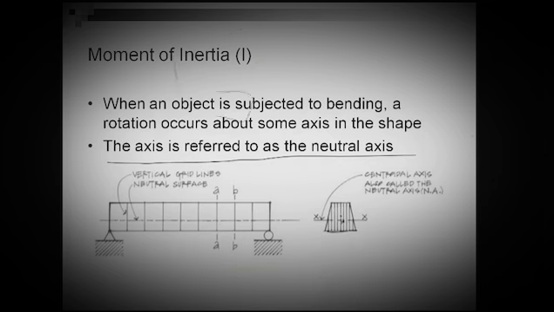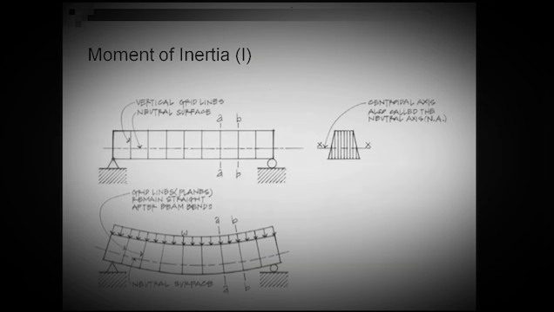Now if I take that object and apply some load on it, and this object would want to flex, you will note the vertical lines before the object was loaded formed a 90-degree angle with the neutral axis. Once it's loaded, the vertical line that was previously drawn will also continue to form a 90-degree angle with the neutral axis.